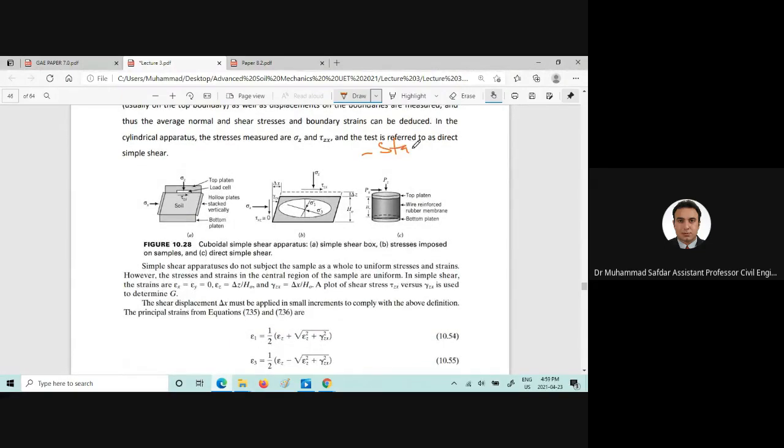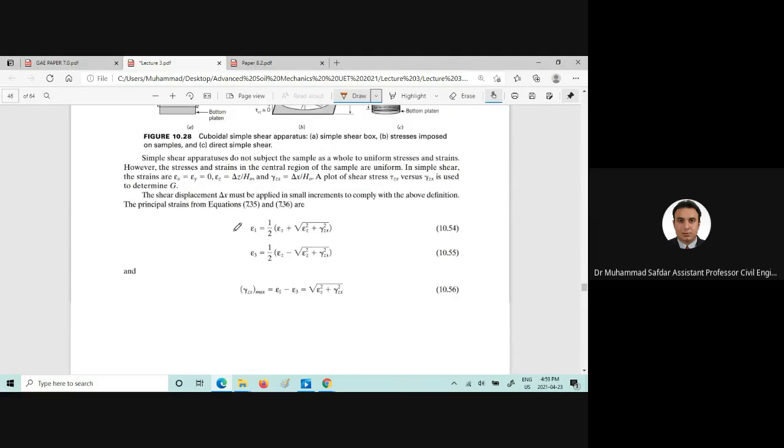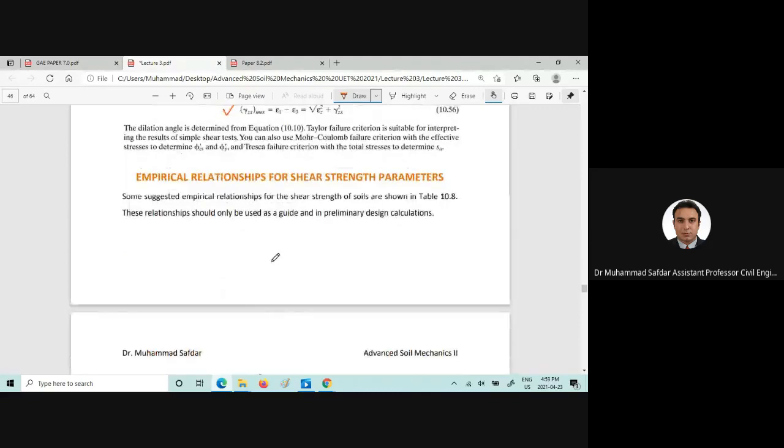If you remember, stacked rings or wire reinforced membranes are provided to confine the specimen, and then sigma z and sigma x, or tau x, are applied. The shear stresses are applied, and then you will find the axial strain, the radial strain, or the shear strains.